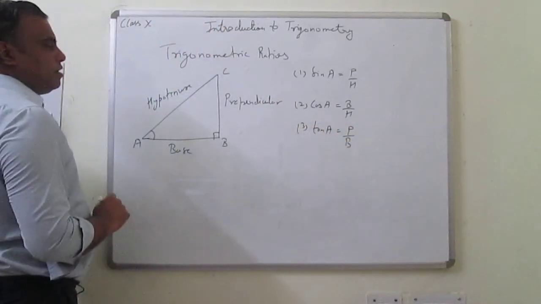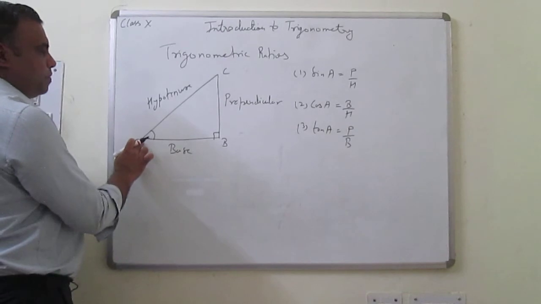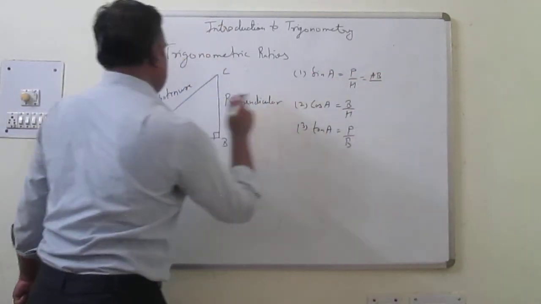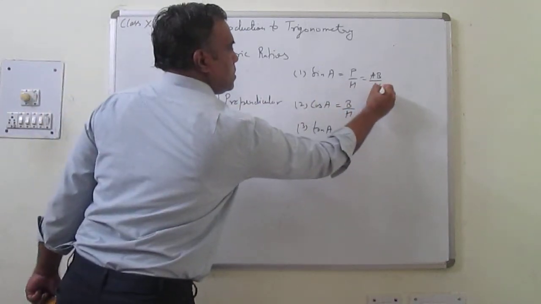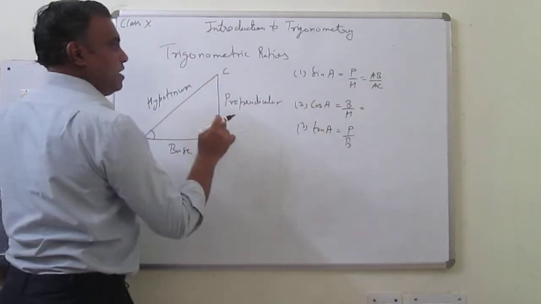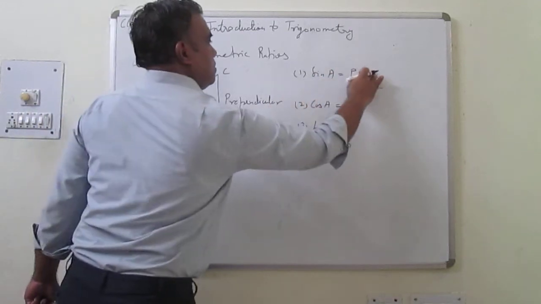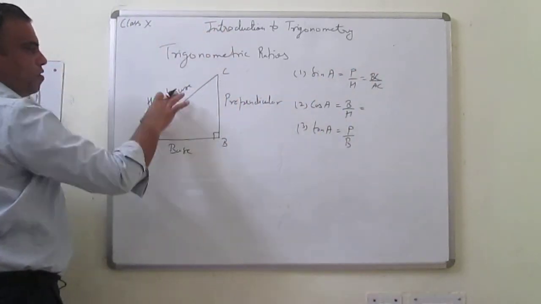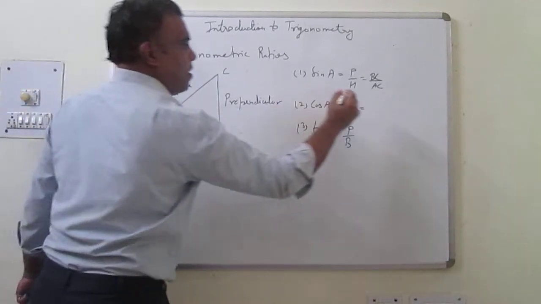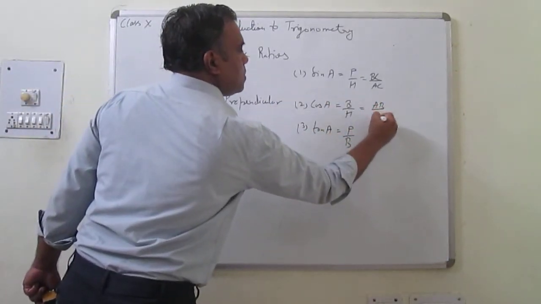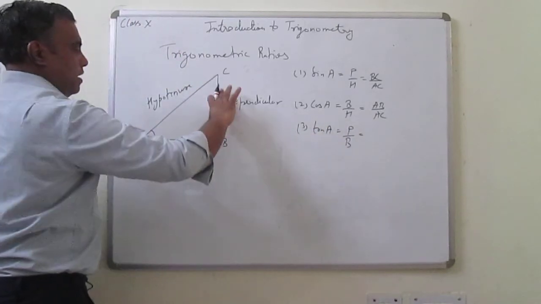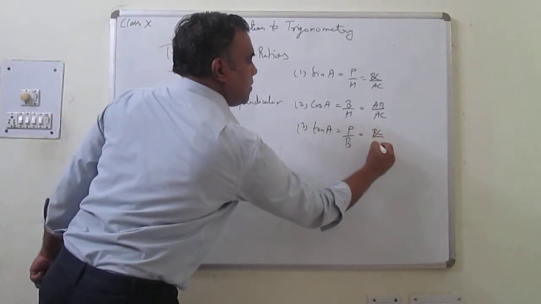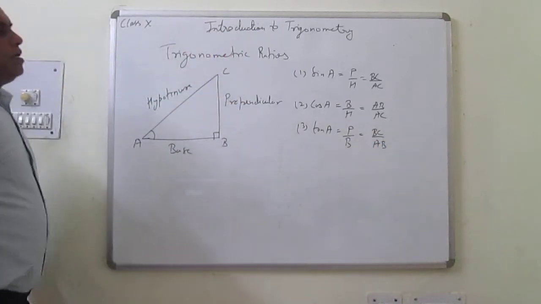Now here perpendicular is BC upon hypotenuse AC, base AB upon AC, and tan A is BC upon AB.